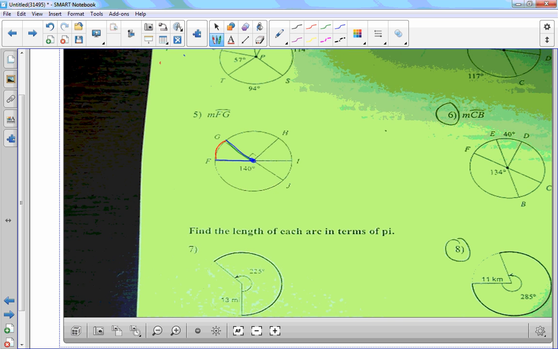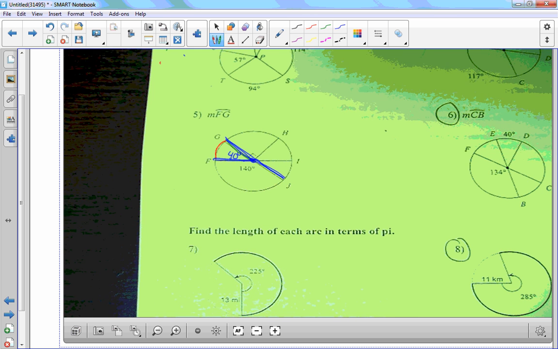Notice right here we have a straight diameter. Do we know anything about this angle in the middle? 40. So this smaller angle has to be 40. Isn't that a straight angle? The diameter is 180 degrees, right? So that's 140, and this one has to be 40.